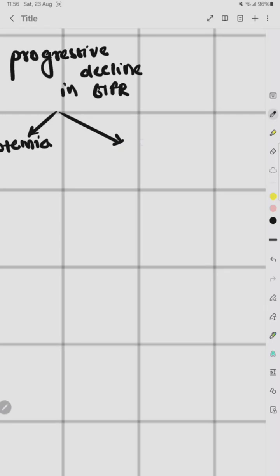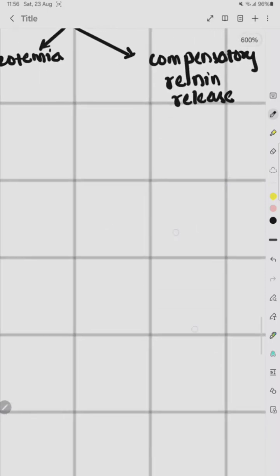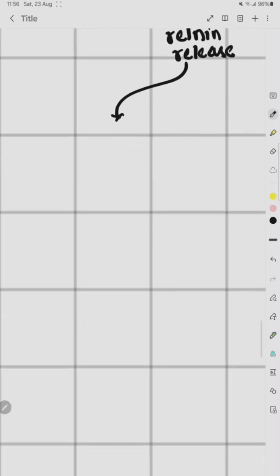That will also lead to compensatory renin release. Now this renin release causes fluid retention.